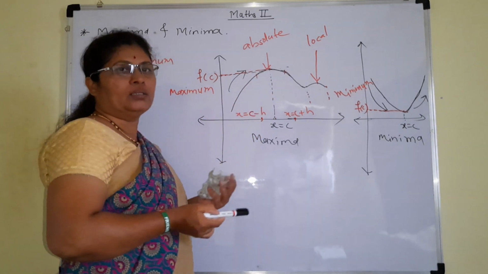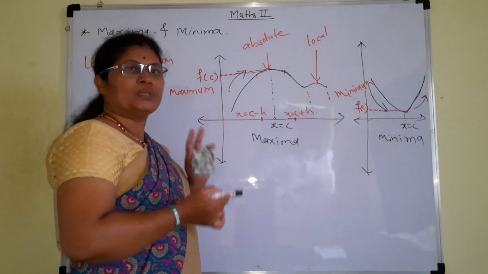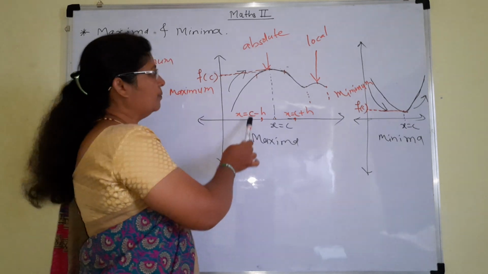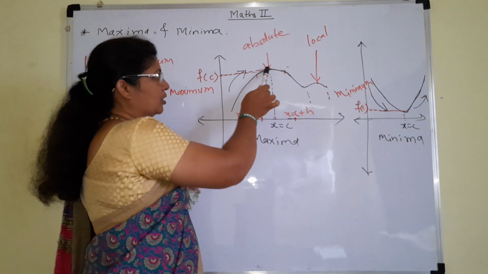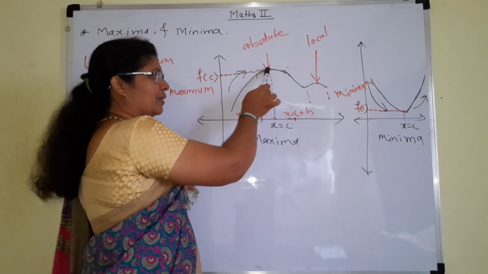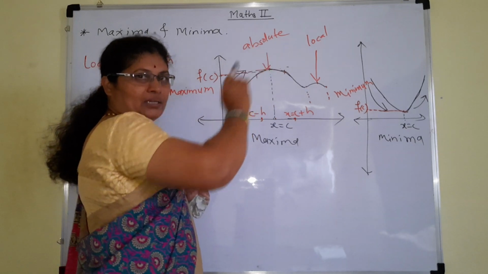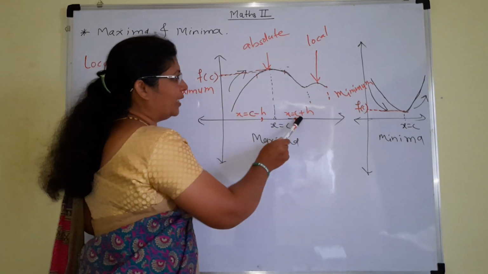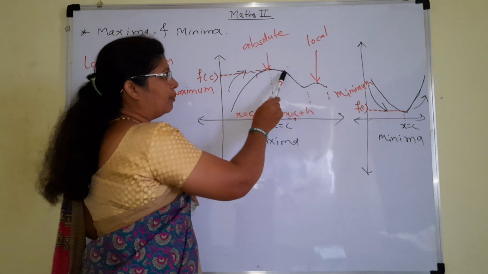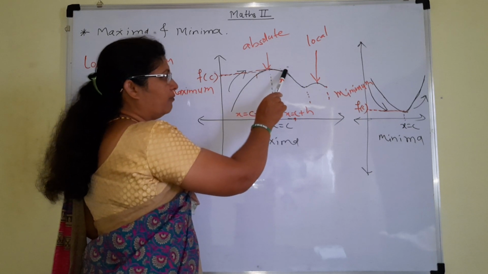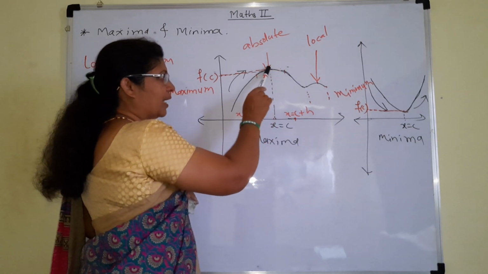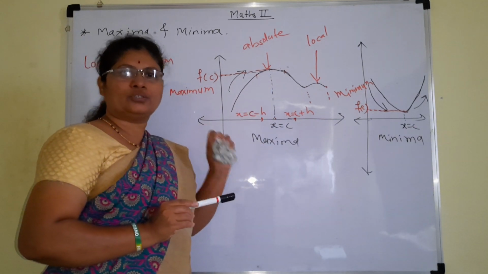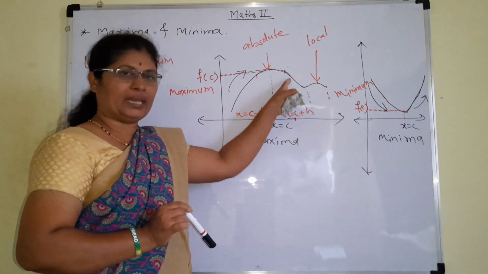How will I find that the function is maximum at that point? I will check to the left hand side of x equal to c. If the derivative of the function is greater than 0, the function is increasing. Now after x equal to c, from c to c plus h, the derivative f dash of x at these points will have values less than 0, means the slope of the tangent is negative.